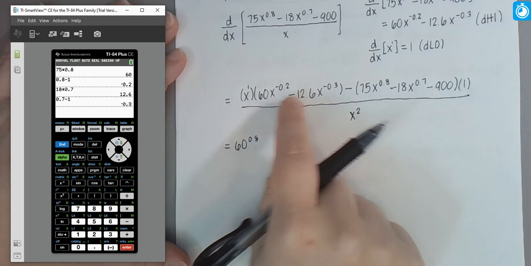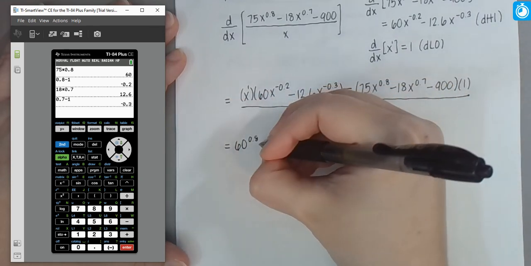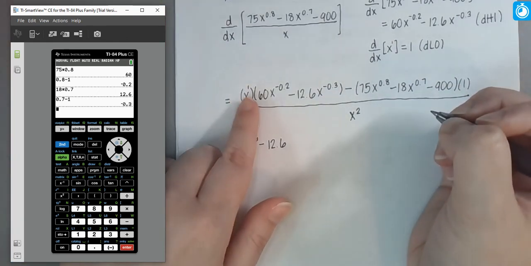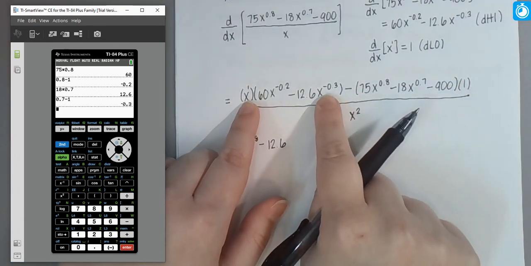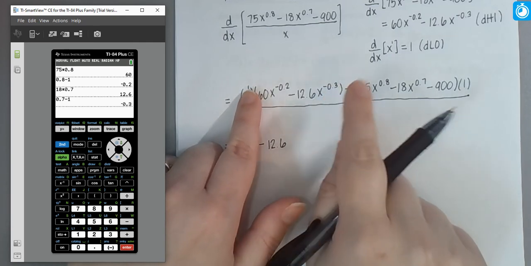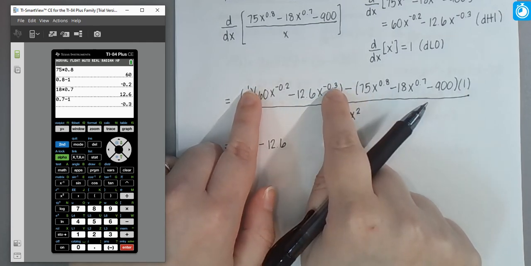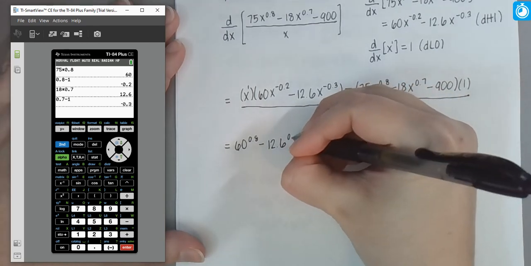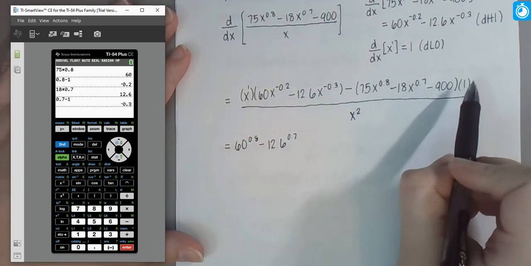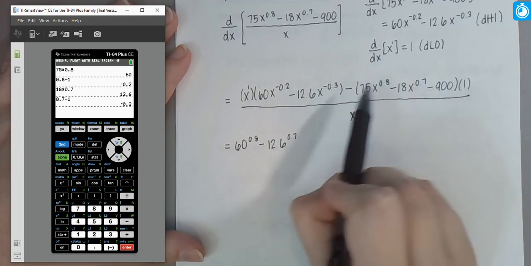Okay, next term. Negative times a positive will be negative, and our coefficient is going to be 12.6. And then we have x to the first times x to the negative 0.3. Again, the bases are the same, so we add the exponents. 1 plus negative 0.3 is going to be positive 0.7. And then all we need to do over here, again, because we're multiplying by 1, is distribute that negative sign.